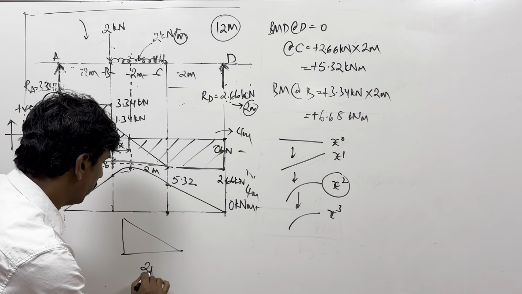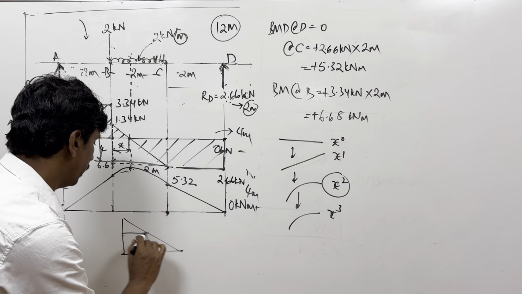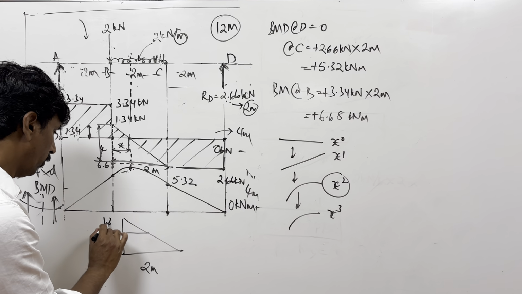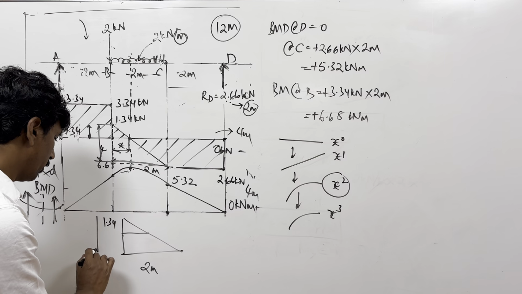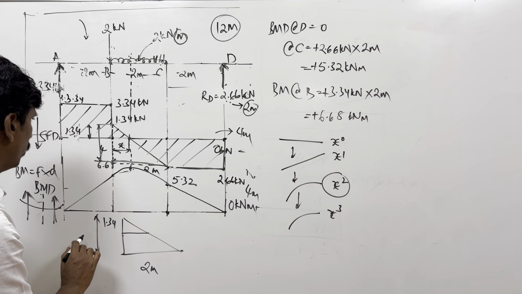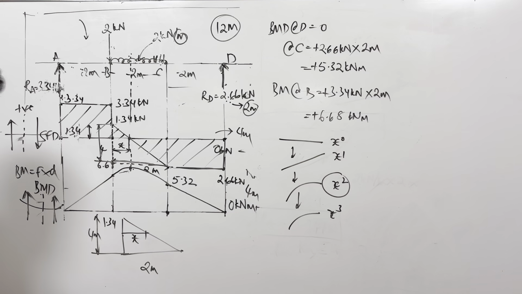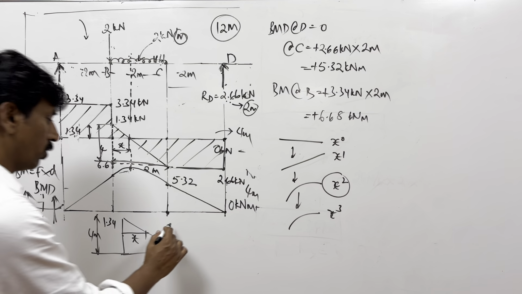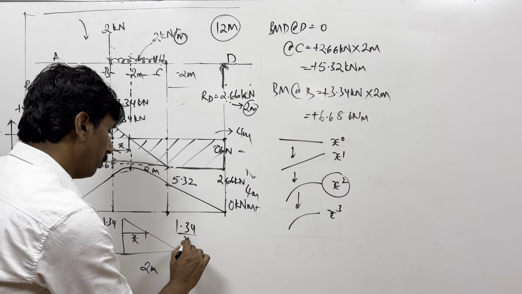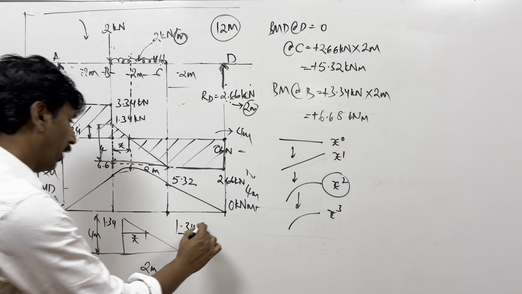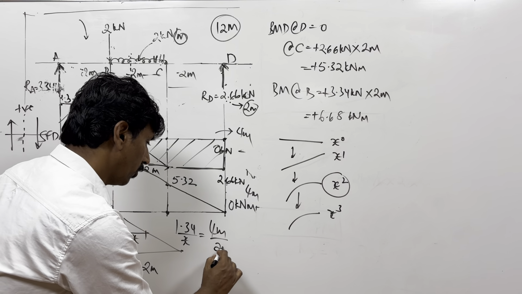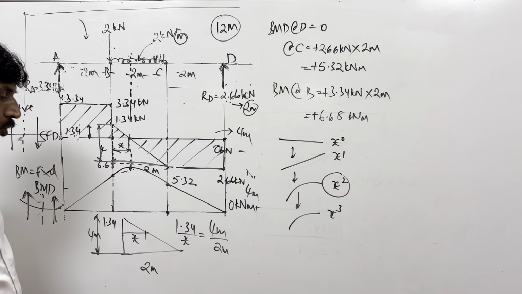So basically you have a triangle something like this. Below it is 2 meters, here it is 1.34, and the total height is 4. You want to know what this x is. So you can use ratios and proportions here: 1.34 divided by x equals 4 meters divided by 2, so it is in the ratio of 2.